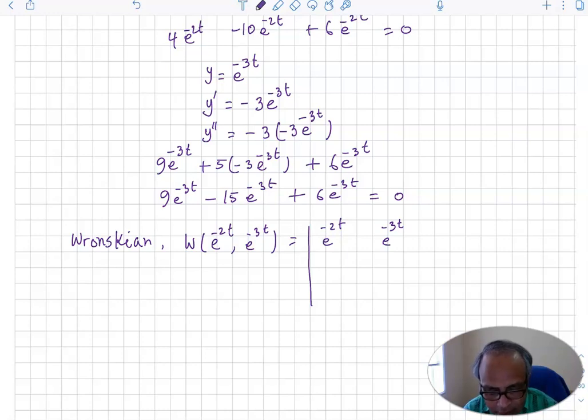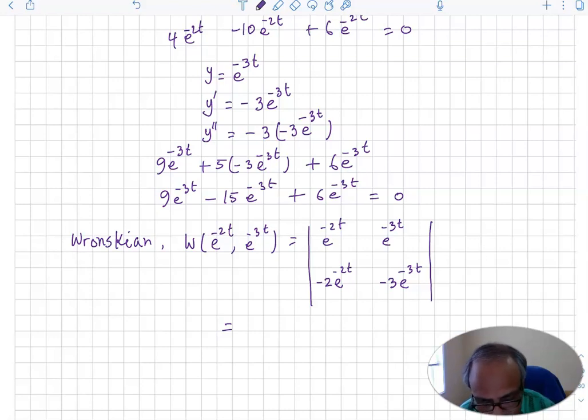The second row will be the derivative of the first row. So negative 2 e to the power negative 2t, which is the derivative of e to the power negative 2t, and negative 3 e to the power negative 3t, and then you calculate the determinant.